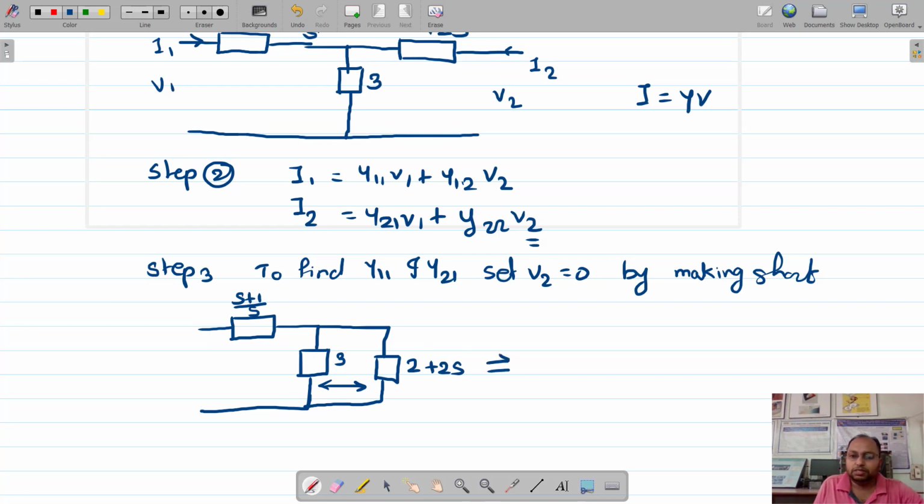So Z equivalent, which is the equivalent impedance, is R1 R2 upon R1 plus R2, that is 3 into 2 plus 2s, divided by 3 plus 2 plus 2s.